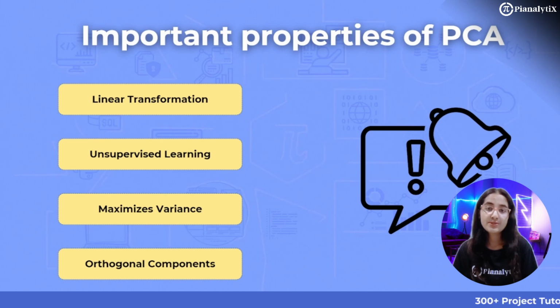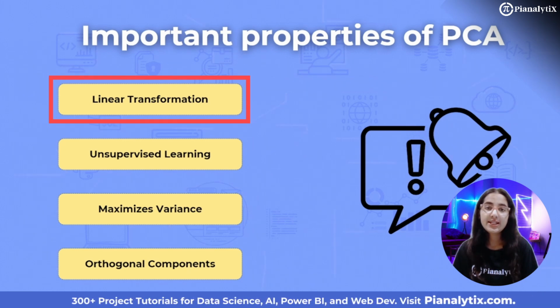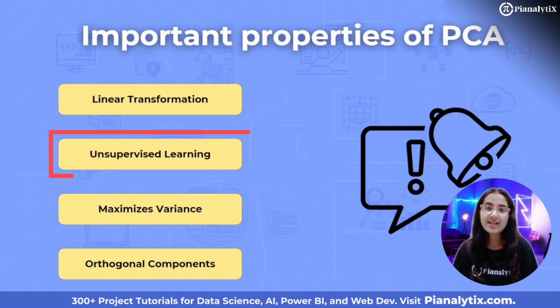Now that we know the terminologies, let's highlight some important properties of PCA. First, linear transformation. PCA is a linear algorithm, meaning it works best when relationships between variables are linear. Second, unsupervised learning. PCA is an unsupervised learning technique.